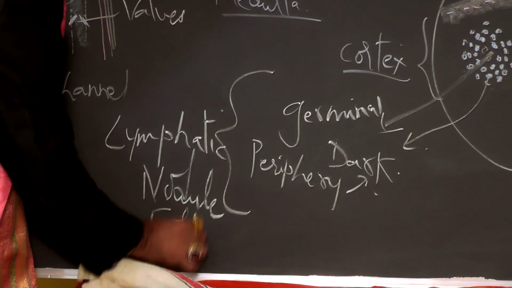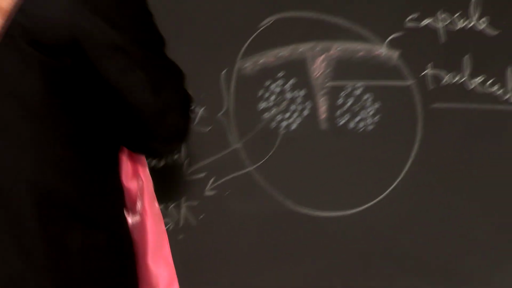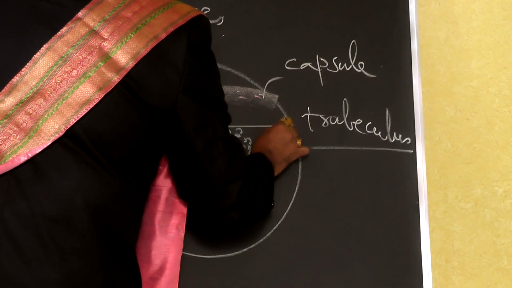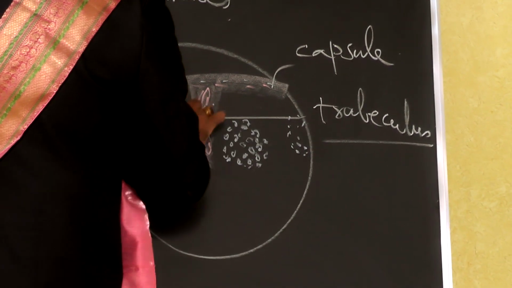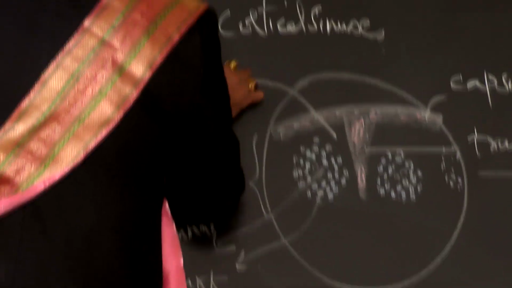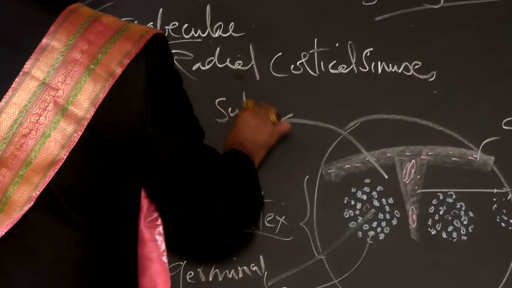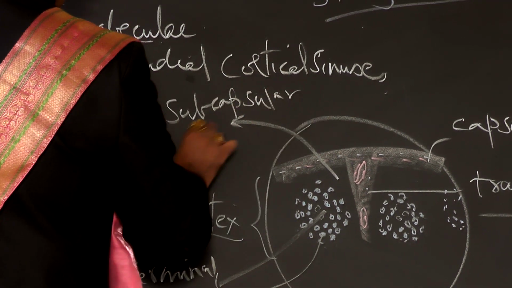Both mean the same. Please observe, in case of lymph node, you have the subcapsular sinus. This is a must and should to be labeled, the distinguishing feature in case of lymph node, and that is the subcapsular sinus.